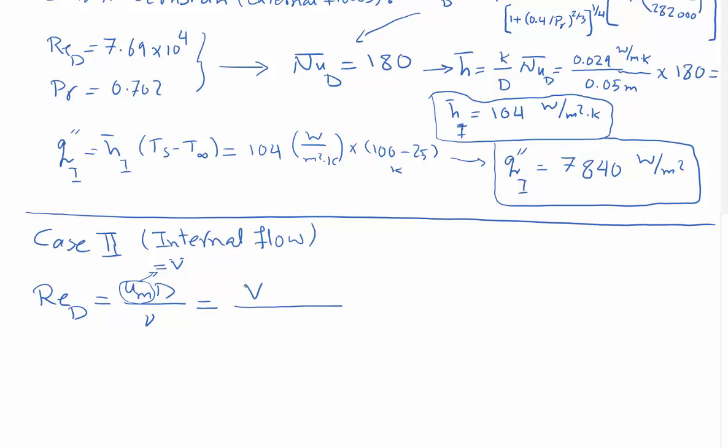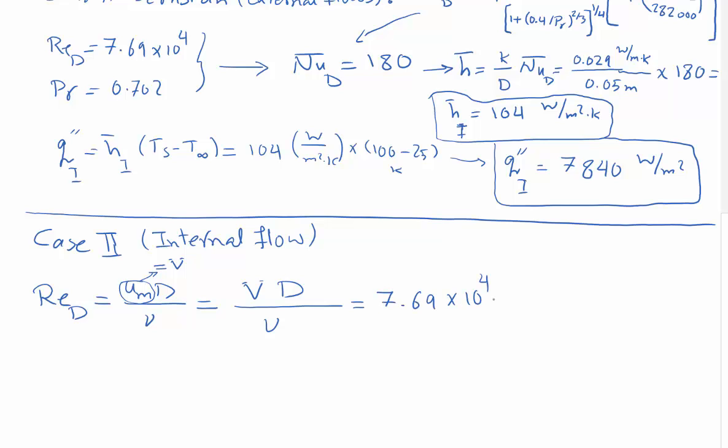So I can simply replace it with Vd over viscosity. Make sure you notice that this only happens in this specific problem. It's not always like that. So it's going to give me exactly the same Reynolds number.